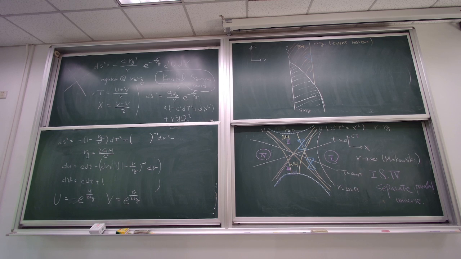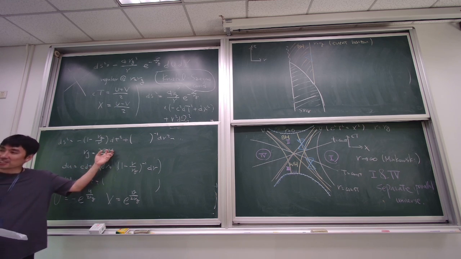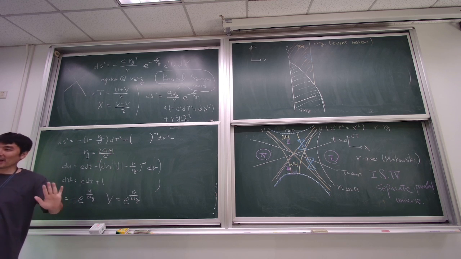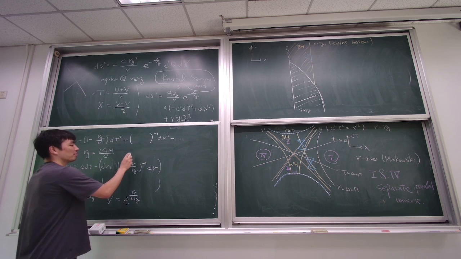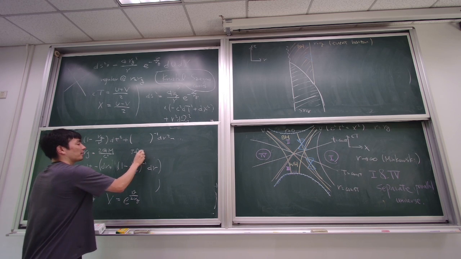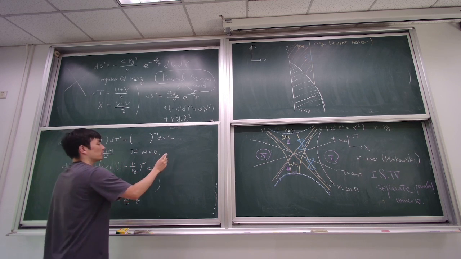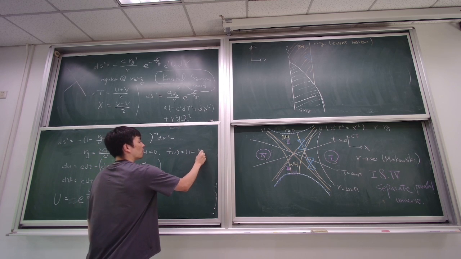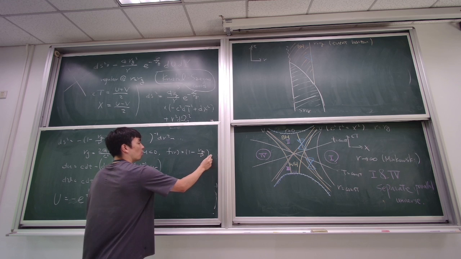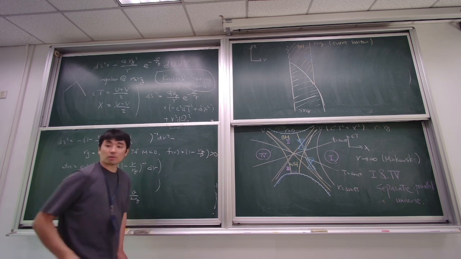Here we usually assume the mass M is always positive, and in reality that is the case. But if M is negative, this f(r) is equal to 1 minus rg over r, and this is always positive.